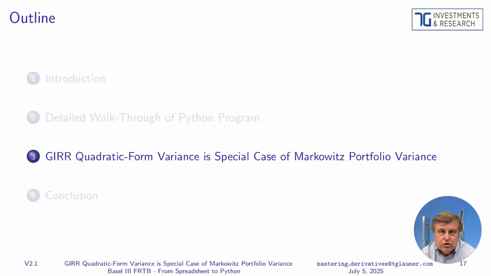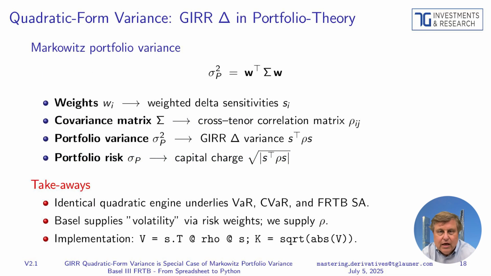Let's do a quick detour into the theory of the calculation method Basel applies and that we just presented. We connect FRTB's general interest rate risk delta charge to classical portfolio theory. Start with the Markowitz variance equation, sigma p squared equals the weight vector transposed times the covariance matrix times the weight vector.